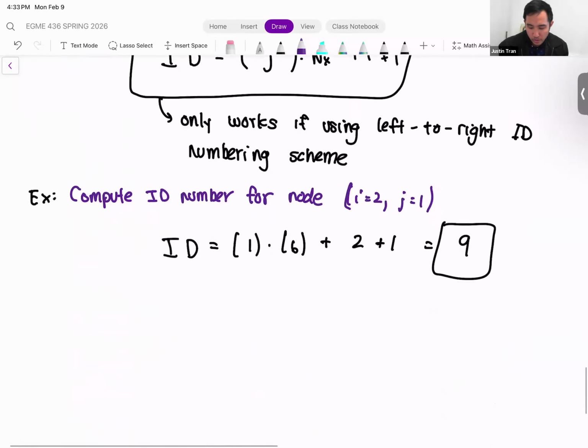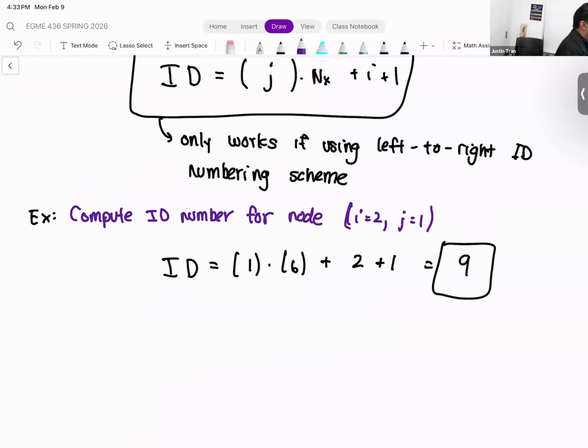Okay. So again, I know it seems kind of trivial and silly to have an equation for this, when you can just look at the mesh and see it. But you can actually do some interesting things with this equation, especially if you're going to be doing this with programming and things like that, right?